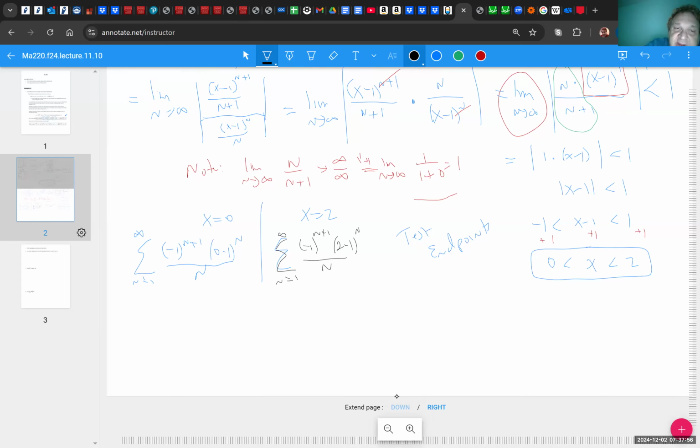For this one, I have negative 1 to the n plus 1 and negative 1 to the n. So I'll do an aside over here. Note: negative 1 to the n plus 1 times negative 1 to the n will always equal negative 1. Why? Because one of these is always positive and one is always negative.